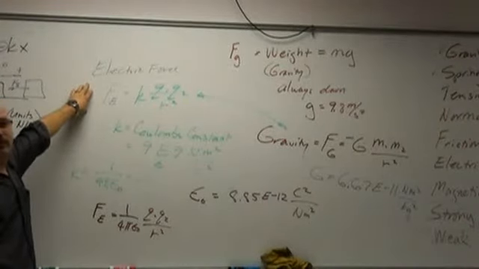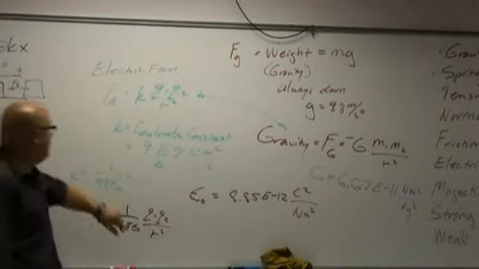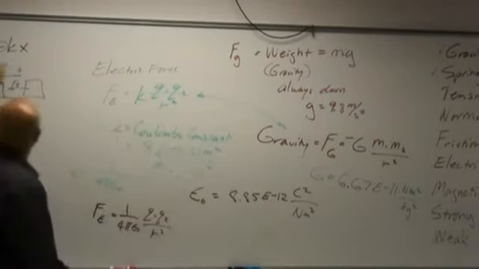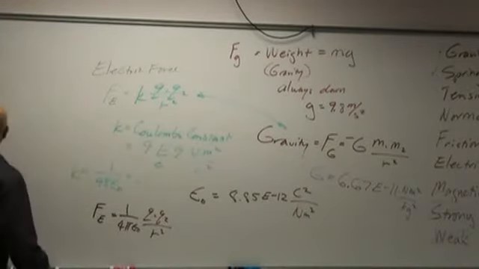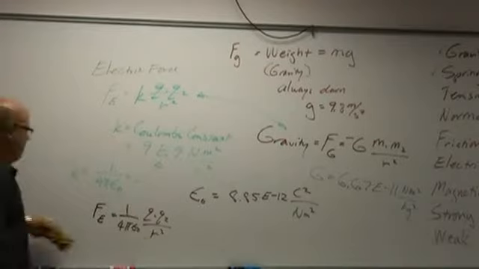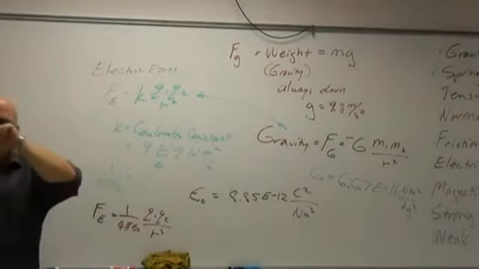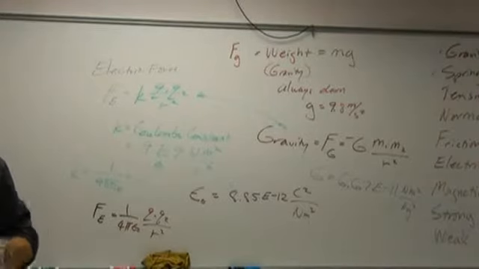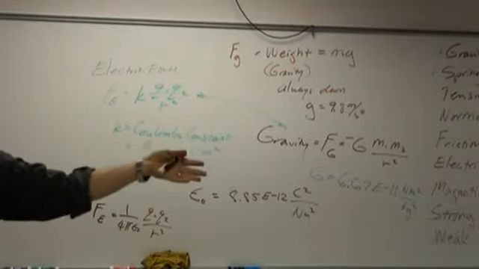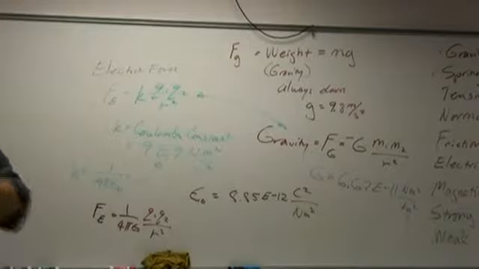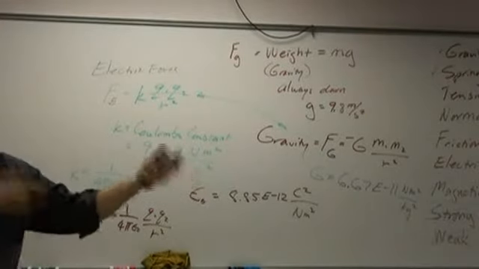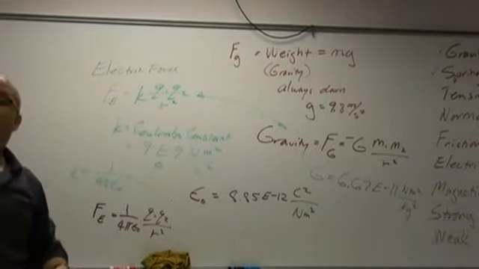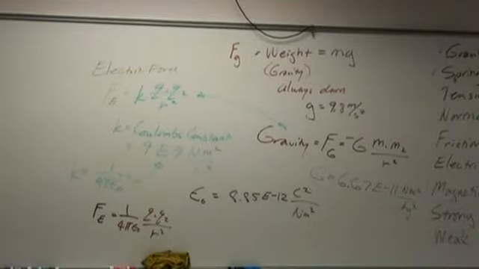There's another difference between electric force and gravity force. A major, major difference. Anybody know what it is? Mass and charge? How many types of mass do we have? Exactly. There's only one. You either have mass, a lot of mass, a little mass, or no mass. Mass is mass is mass. How many types of charge are there?